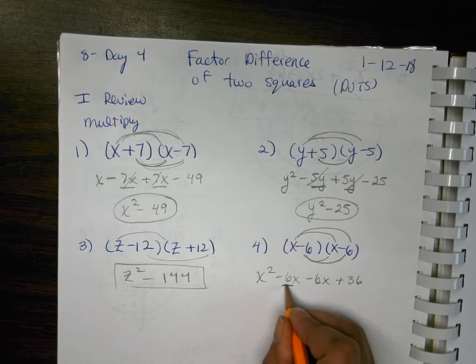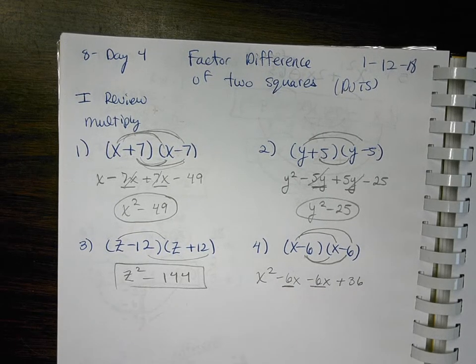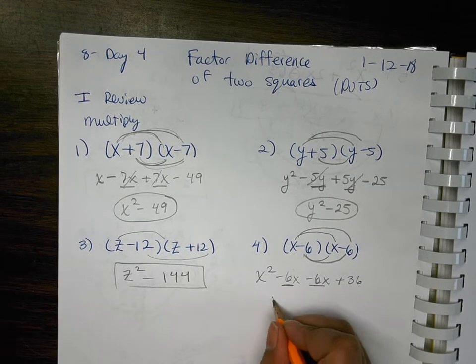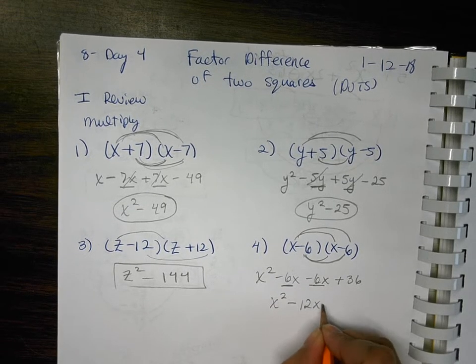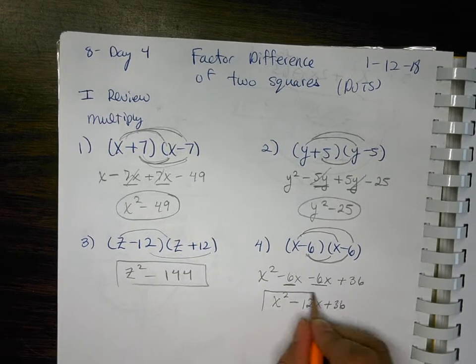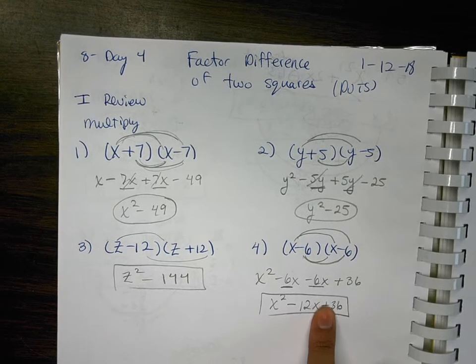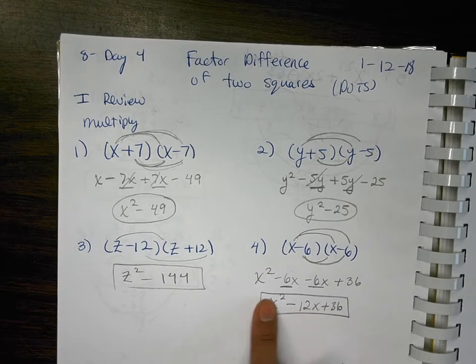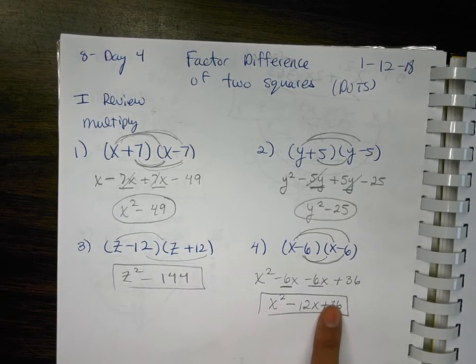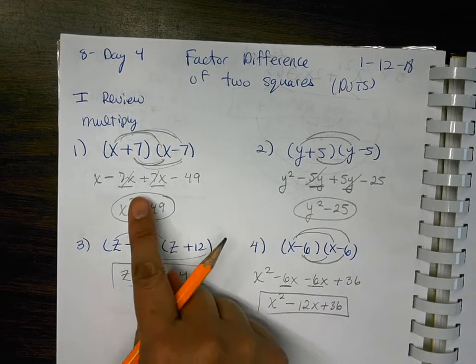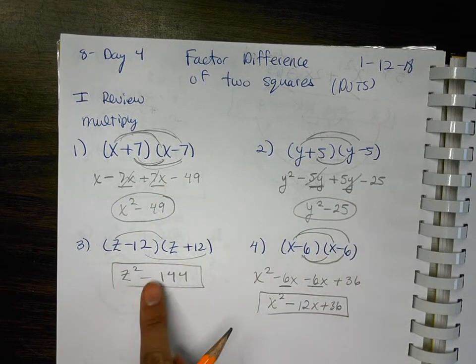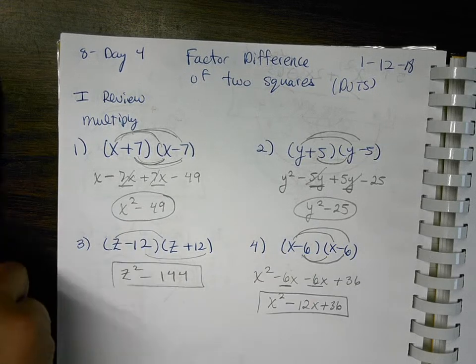And when I add these like terms, do they cross out? No. They do not. They are not opposites. It's x squared minus what? 12x plus 36. So this is the traditional one, like what we were doing on block day. Trinomial factoring working backwards. That's what this is. This is what we're going to be working with today. What do we do when it's not a trinomial and it's a difference of two squares?